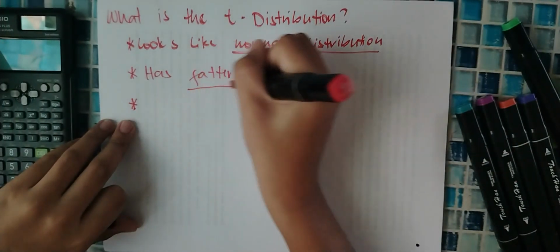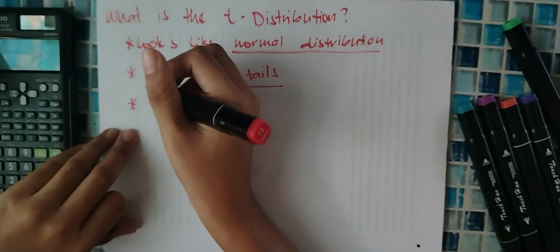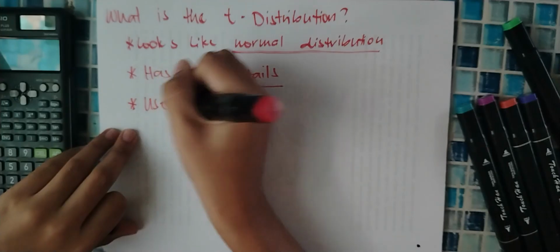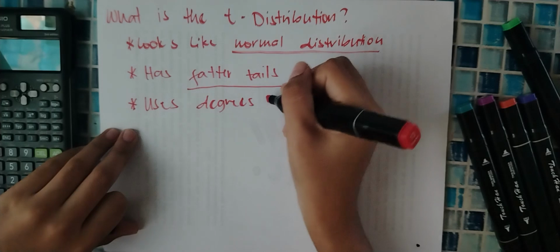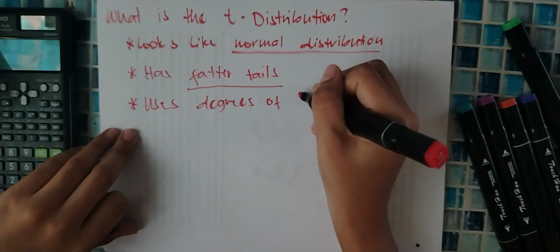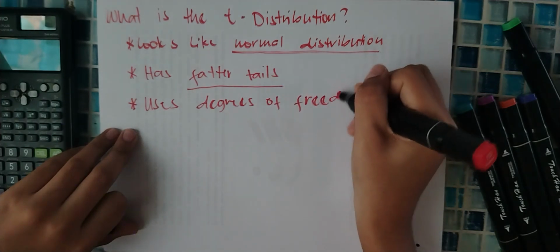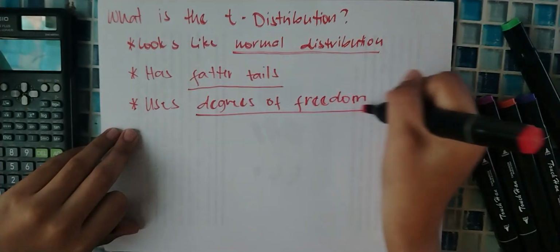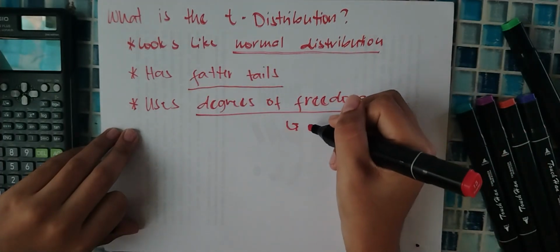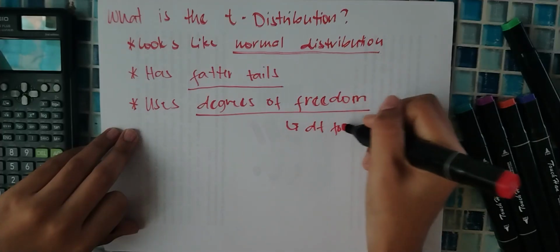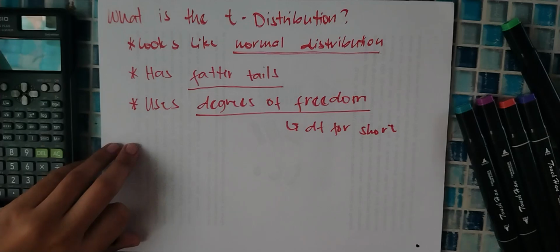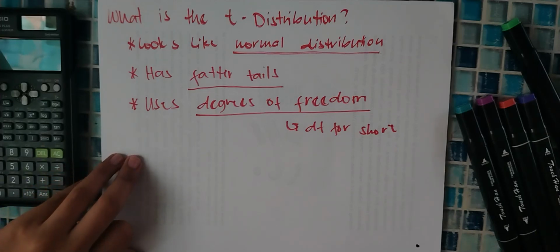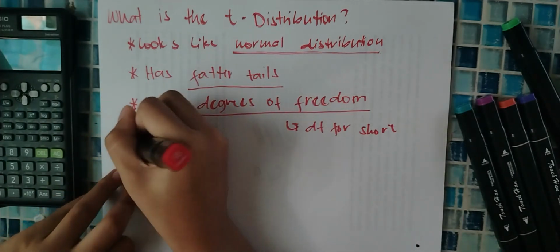The T distribution uses something called degrees of freedom, or in short, DF. For most cases in statistics, the degrees of freedom have a formula.